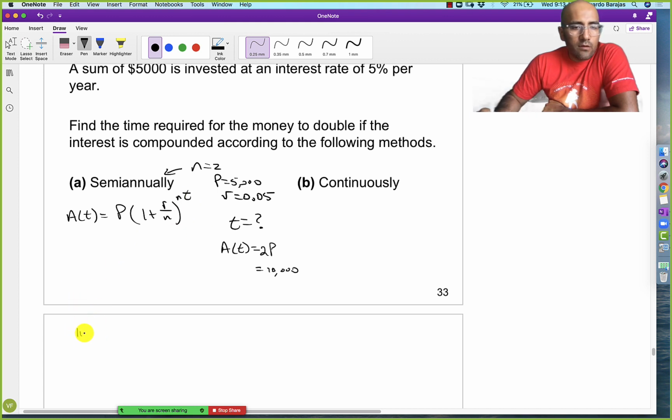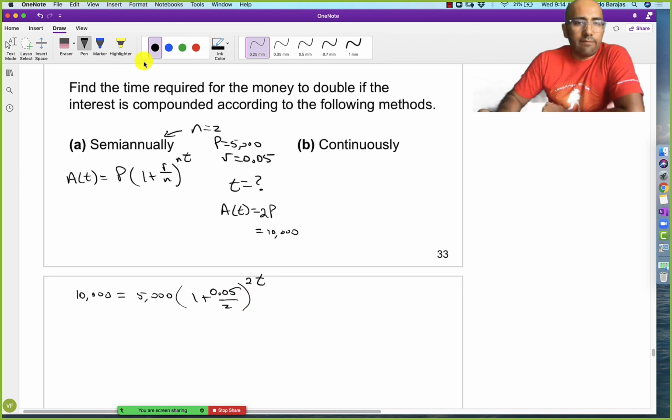Okay, so we can replace these values in here and get this statement. We're looking for the value of t such that 10,000 is the output when 5,000 is invested, and we have 1 plus 0.05 divided by 2, to the power of 2t. Good, so now it's just one little letter that needs to be solved. Let's simplify life. Let's divide both sides by 5,000.